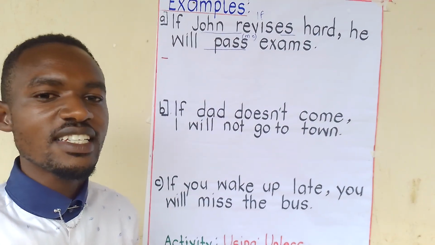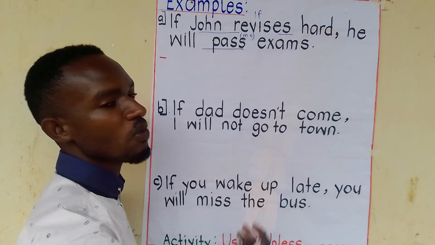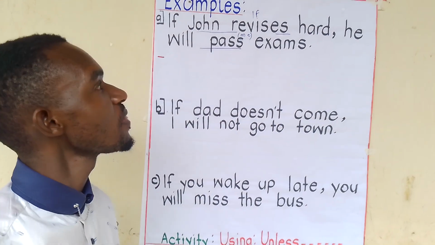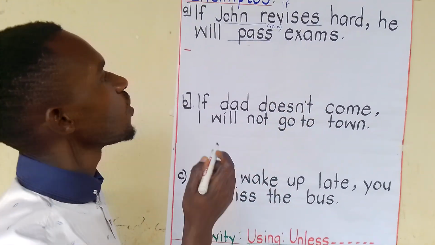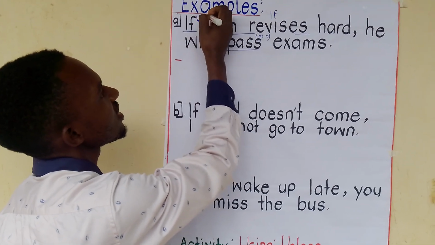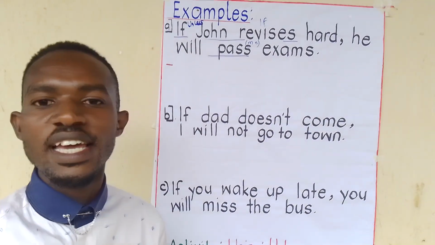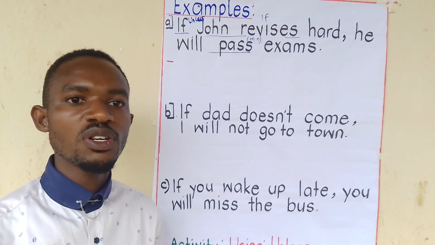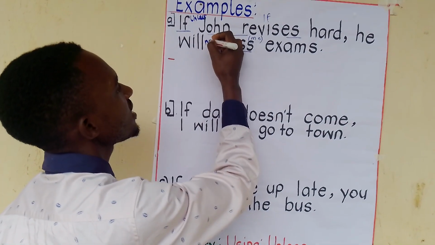Here in this case, we have our two sentences in affirmative form, or what we call the positive form. Therefore, when the two sentences are in affirmative form, we replace if with unless and change the main clause into negative form. In English, when we talk about negative, that means we add in the word not.